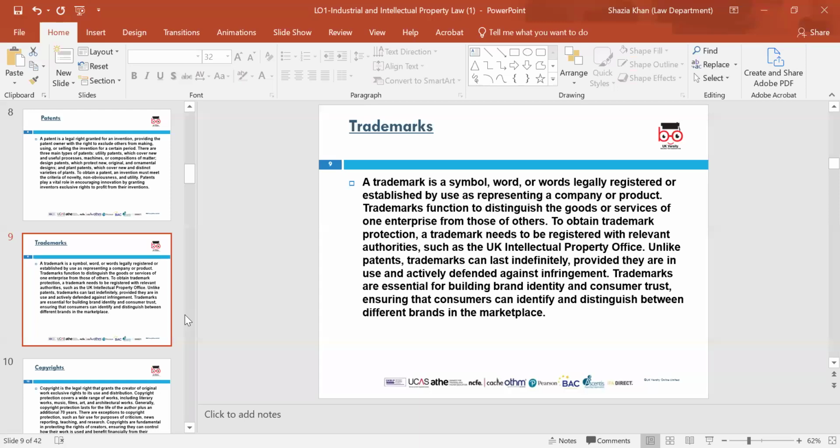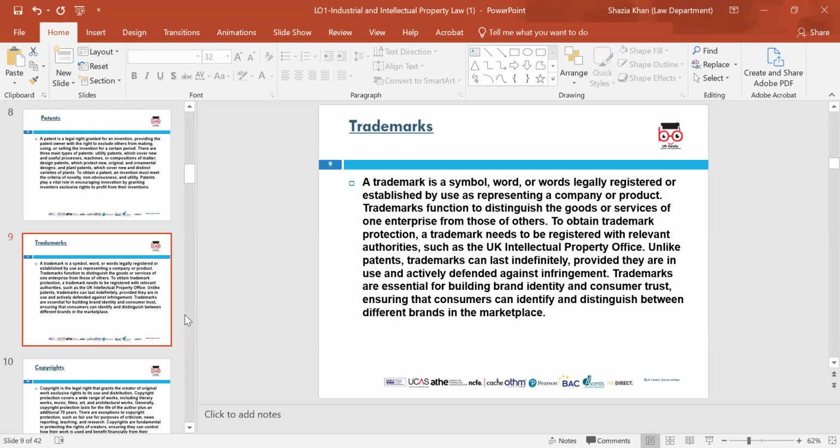The next one is trademarks, and again, that's a really important aspect of it. A trademark is a symbol, word, or words registered or established by use, representing a company or a product. It's really important to identify what a trademark is.